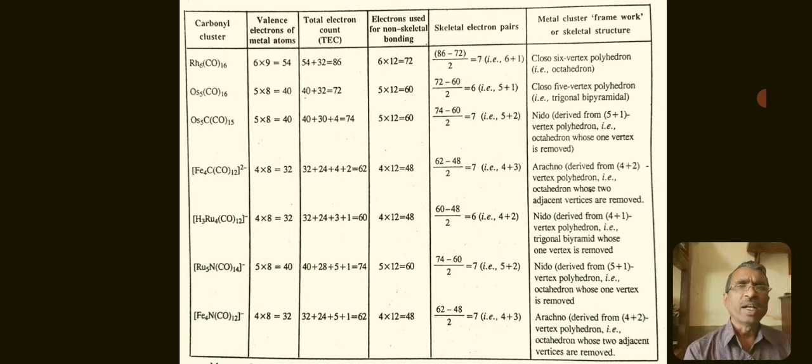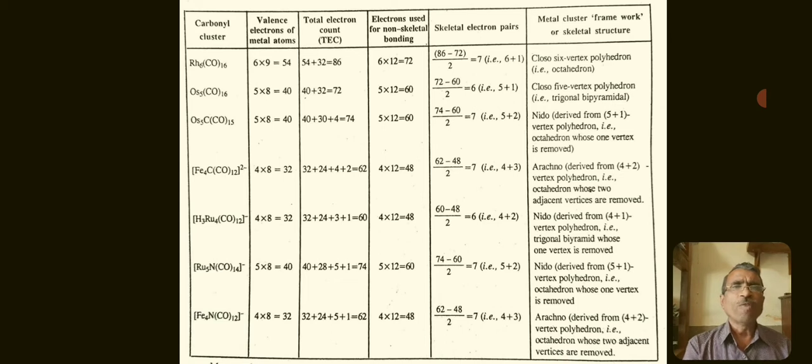Let us take another example, pentaosmium hexadecacarbonyl. In this pentaosmium hexadecacarbonyl, 5 osmium atoms are there. Each osmium atom contains 8 electrons in the valence shell.